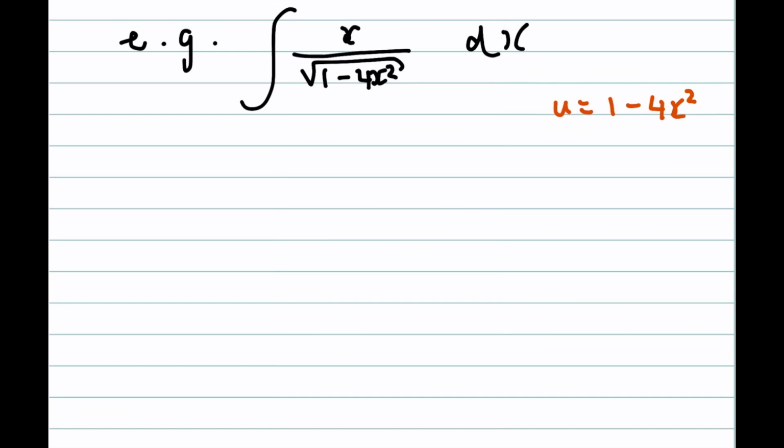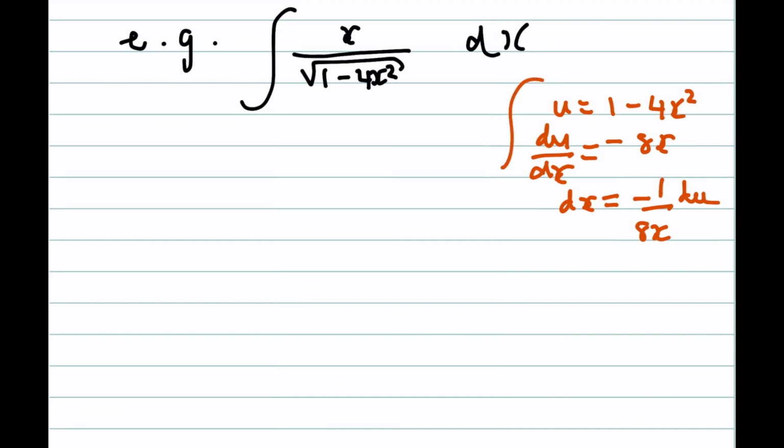Well, now du dx is going to be equal to 0 minus 8x. And then we can find that dx is equal to minus 1 over 8x du.